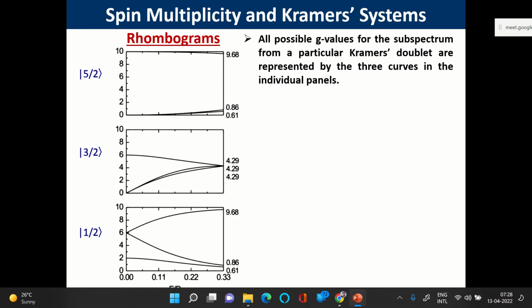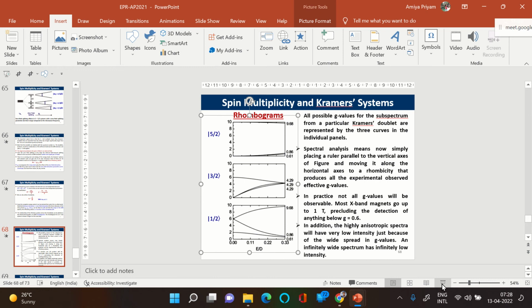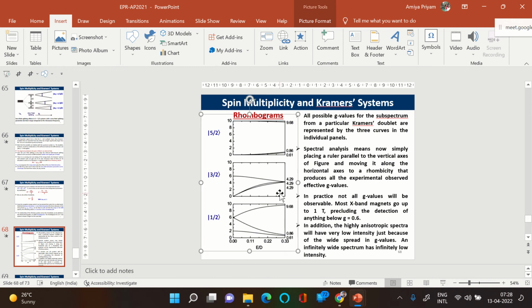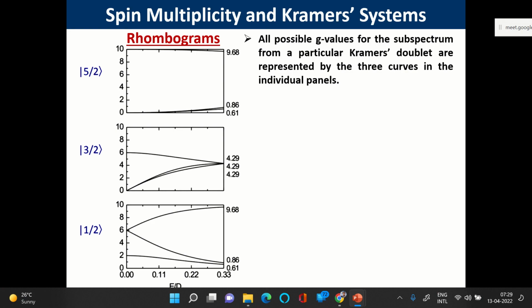So on the x-axis you have E by D plotted, and on the y-axis you have the g values. We are keeping our focus on this 5 unpaired electrons system, so S is equal to 5 by 2.